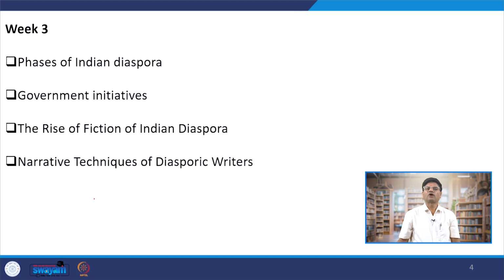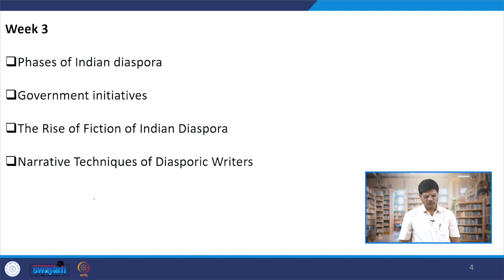And then we talked about the colonial diaspora, and during the colonial period we found that with the evolution of slavery, the colonial masters needed cheap labor, and as a result Indians were forced to join them and work in plantation economies in Africa, in the Caribbean islands, and many other places.